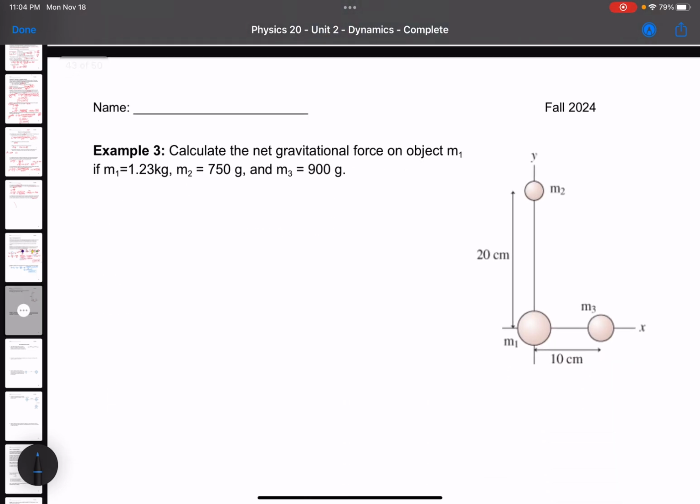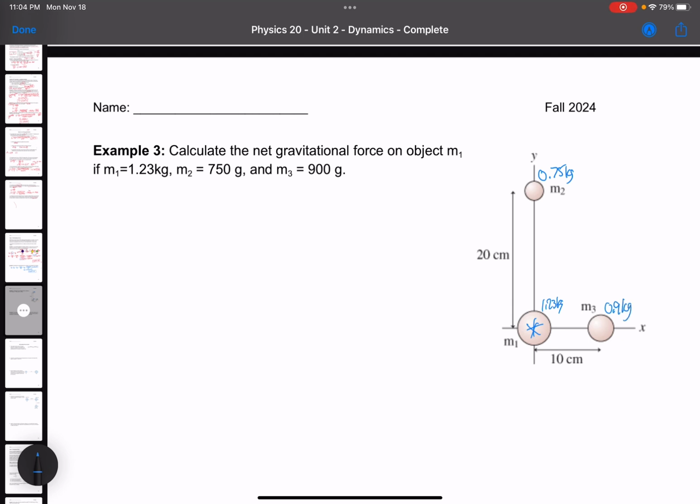All right, example 3. So calculate the net gravitational force on object M1. Okay, and M1 is 1.23 kilograms. M2 is 750 grams, so if I divide that by 1,000, it's 0.75 kilograms. And M3, 900 grams, is going to be 0.9 kilograms.